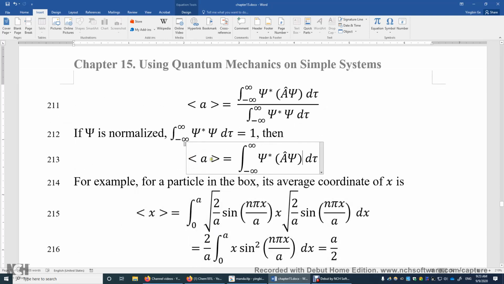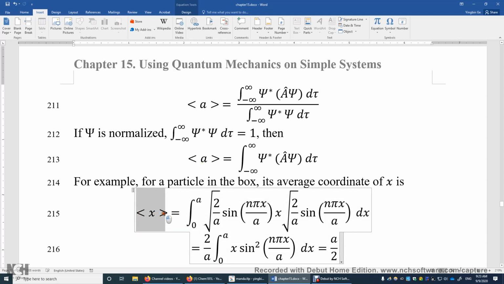This notation is the expectation value of A, or the weighted average of A, or the probability weighted average of A. Well, now we can actually calculate the weighted average of the position of the particle in the box. Let's look at the one-dimensional particle.